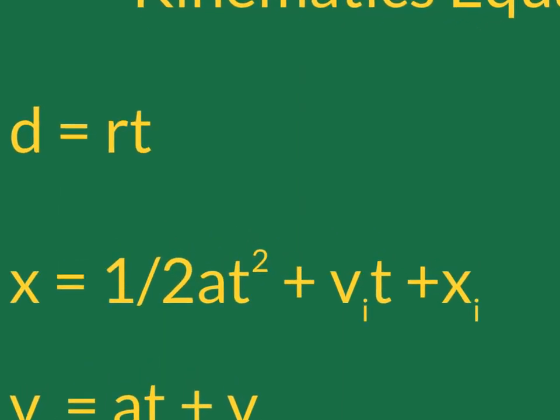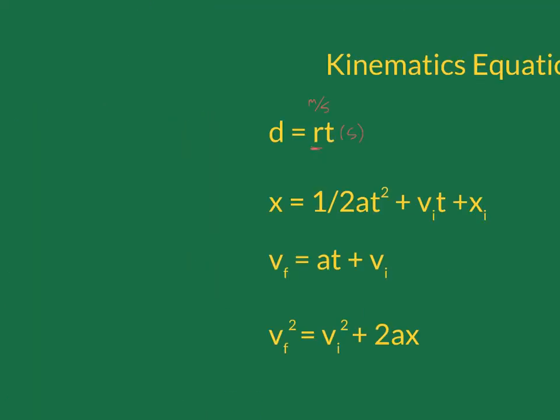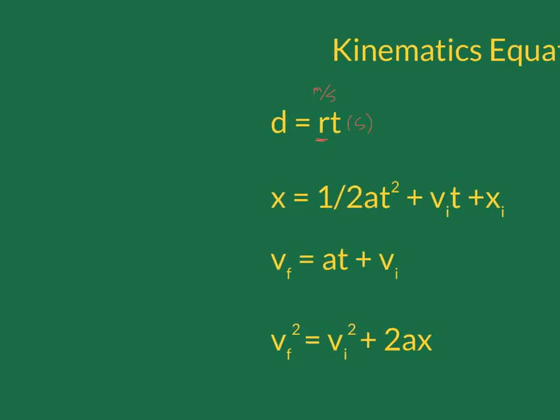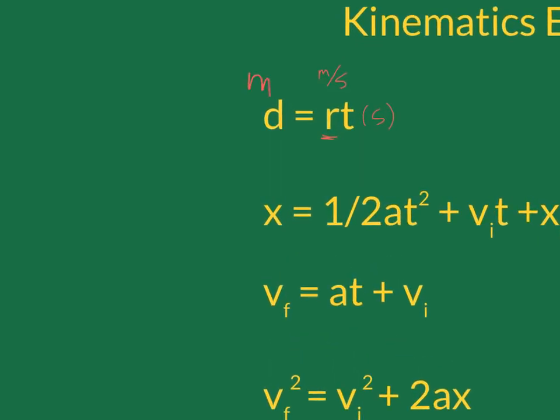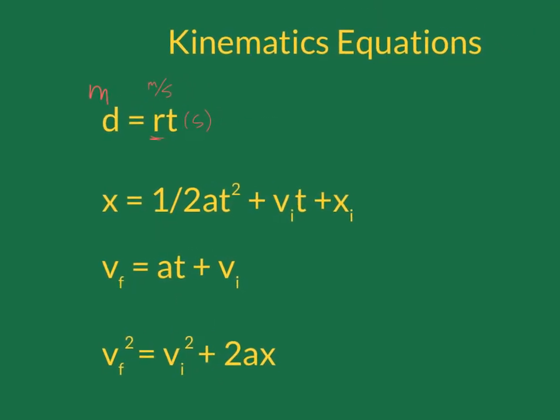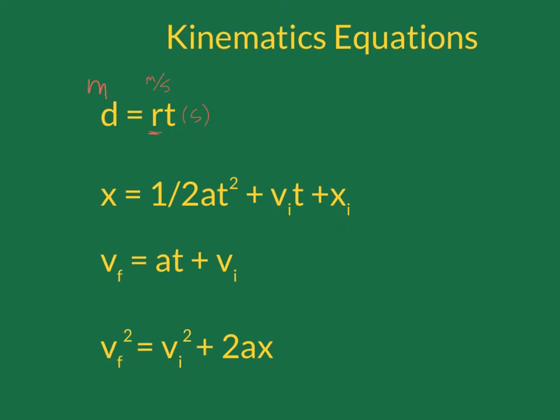And this rate here has to be in meters per second, because you're going to multiply it times seconds, and see how your seconds are going to cancel, and that's going to give you a distance in meters. So your rate's in meters per second, so that means it's some sort of speed.